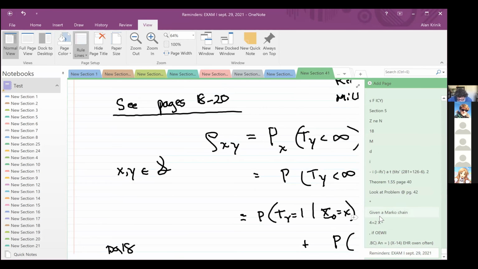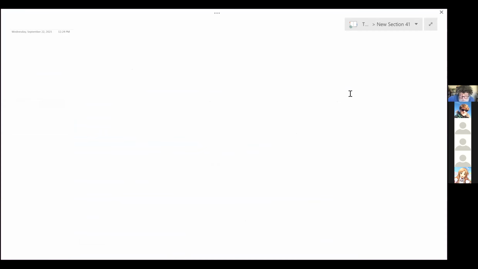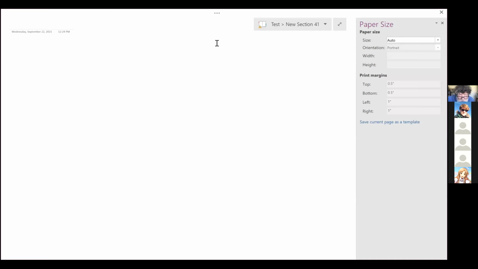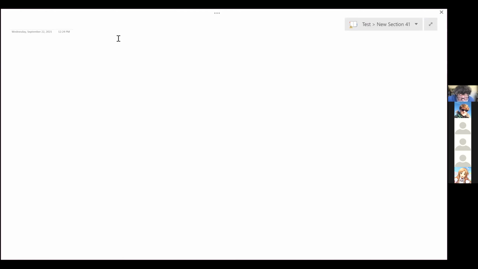Yeah, that's today's. Okay, so I want to add a page to this. I want to add some lines on it. Okay, so I can't see my lines. I don't think I've got my lines. I don't know what happened to my lines, but I'm not going to worry about it.